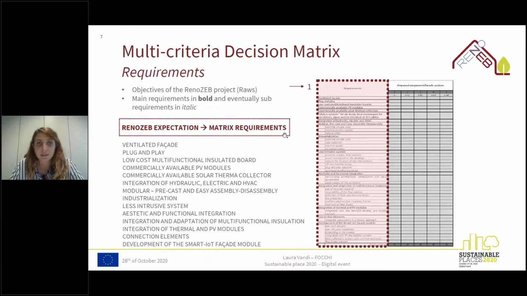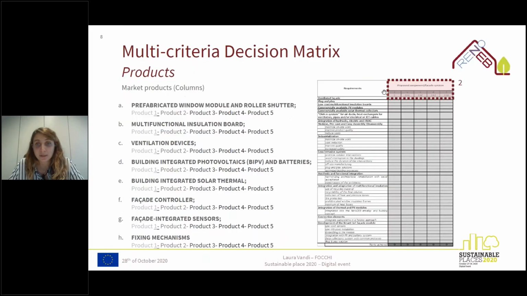In bold are selected the main and most important requirements, while in italic there are some sub-requirements. I listed in the slide some of them, which are related to the renoZEB concept. Some of them are industrialization, less intrusive system, ventilated facade, plug-and-play facade, or again, the development of a Smart ID facade module.